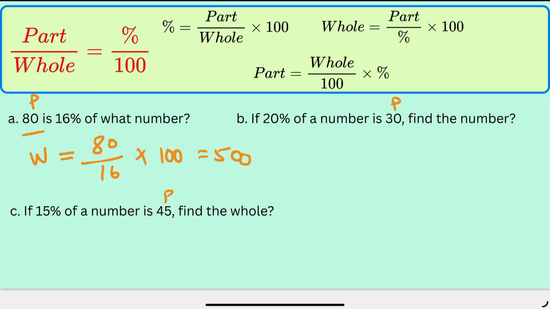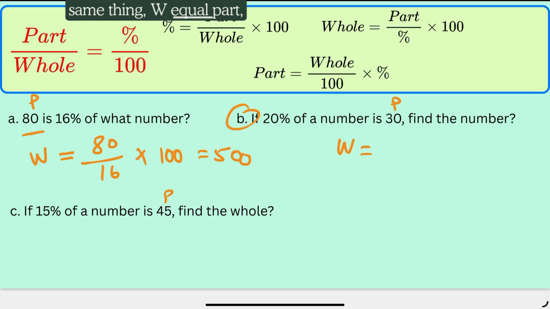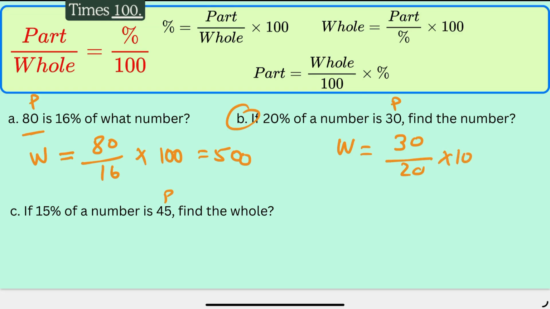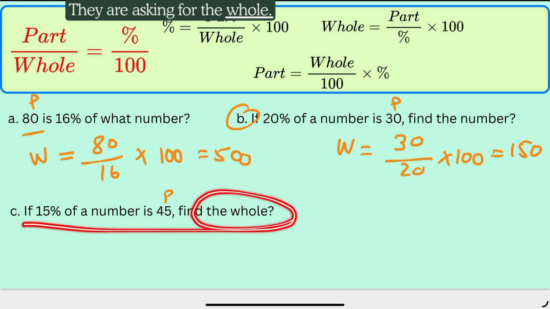500. Okay, then for B, same thing, W equal part, which is 30, over 20 times 100, and this one will equal 150. Same thing again, they are asking for the whole.